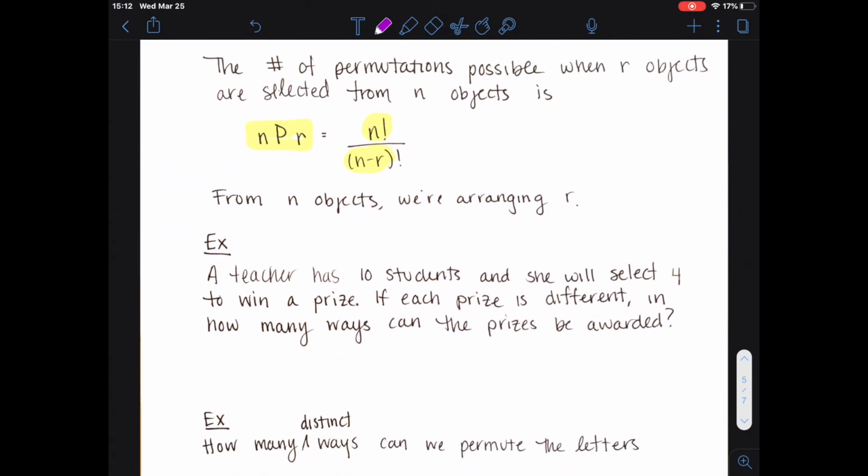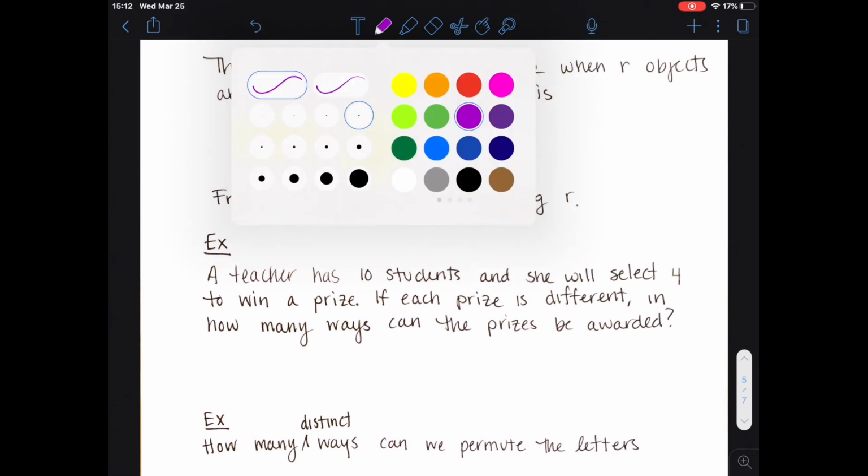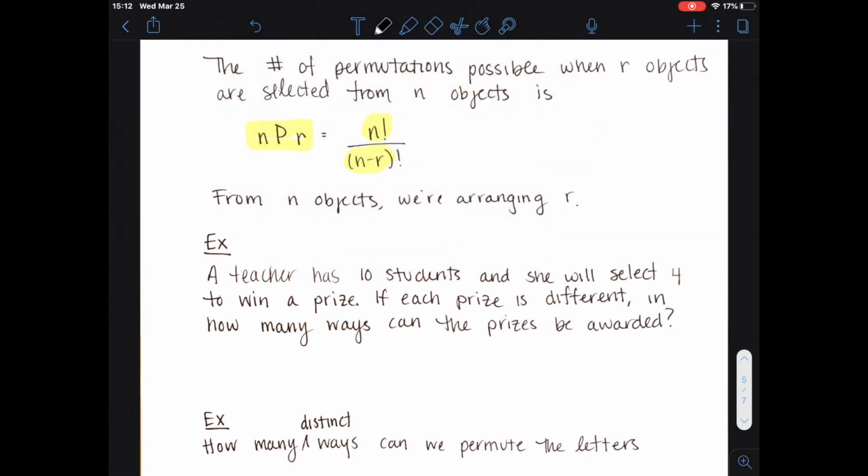A teacher has 10 students and she's going to select 4 of them to win a prize. If every single prize is different, so the order the child gets selected in matters, we want to see in how many ways can the prizes be awarded. So what we're going to do is we're going to permute 4 of these things.